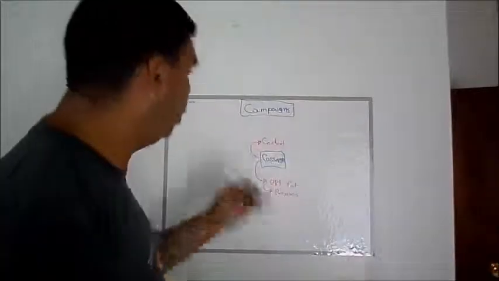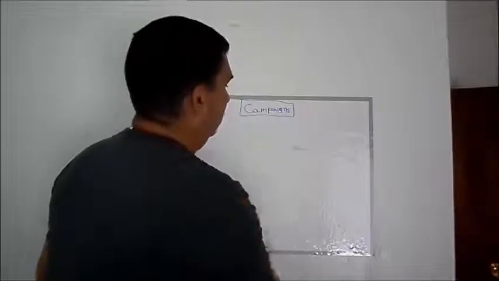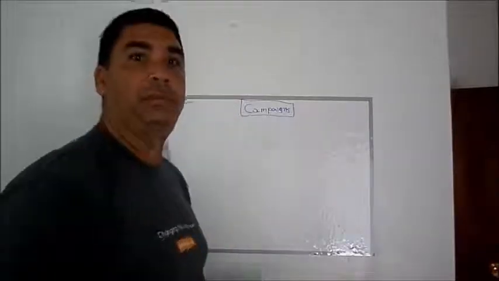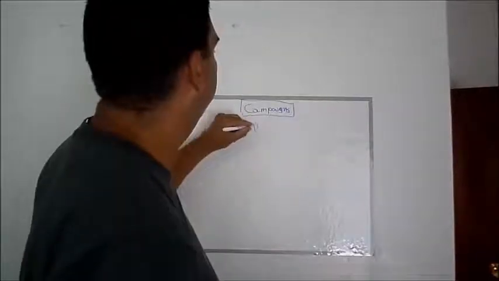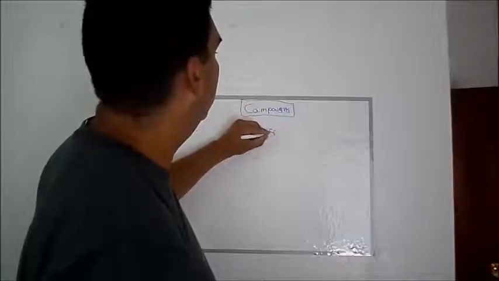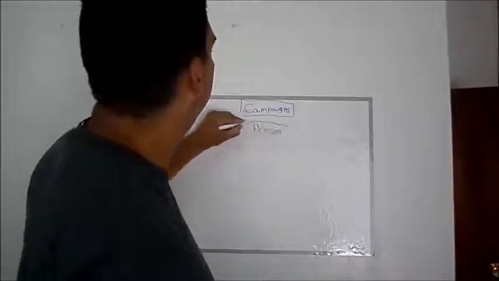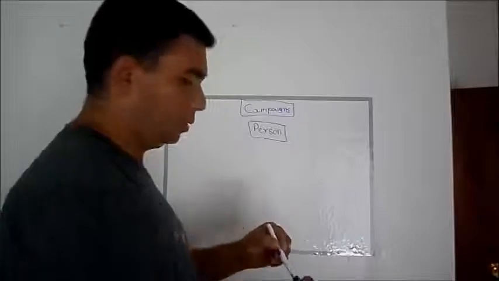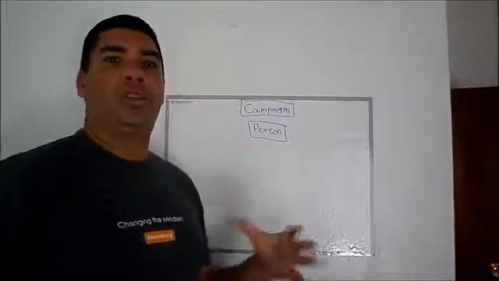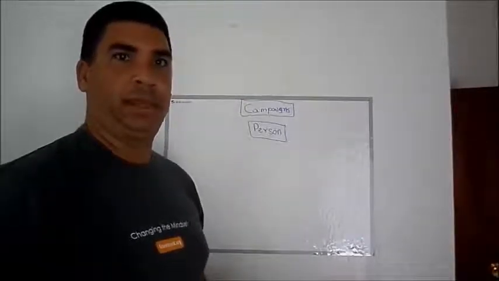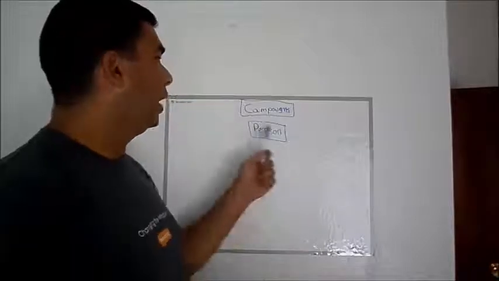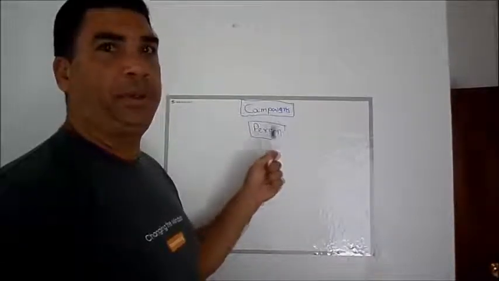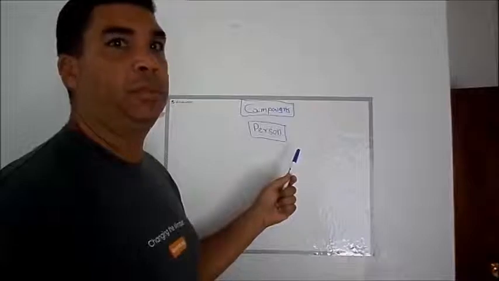So now, once you get the person on board, let me erase this. Now you've got the person on board. How are you going to approach them, right? You have to understand what kind of person he or she is.